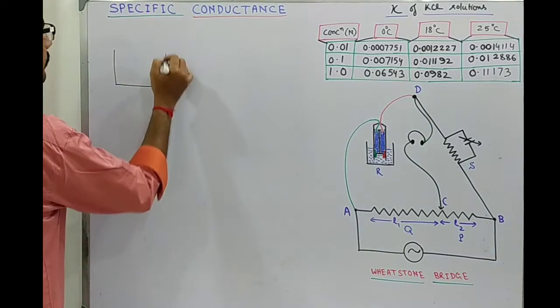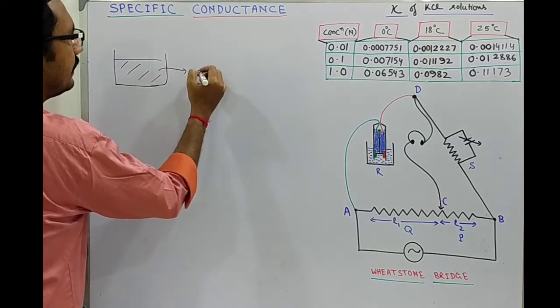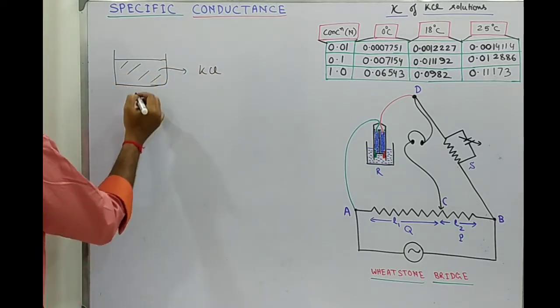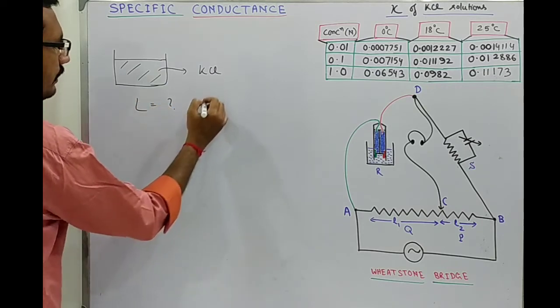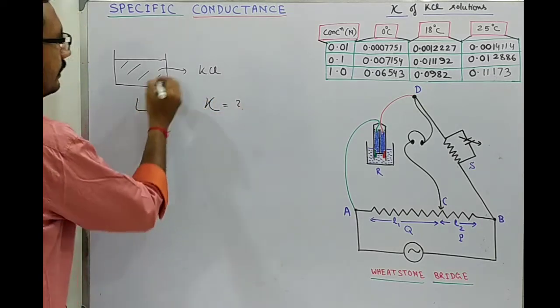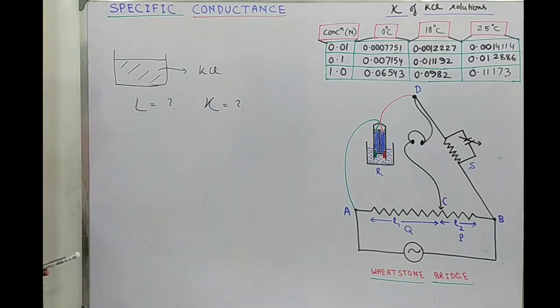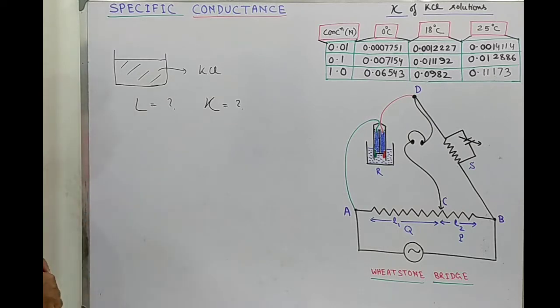I am giving you an aqueous solution of an electrolyte, say KCl. You have to find the conductance and the specific conductance for this supplied electrolytic solution. Now, what is the procedure?